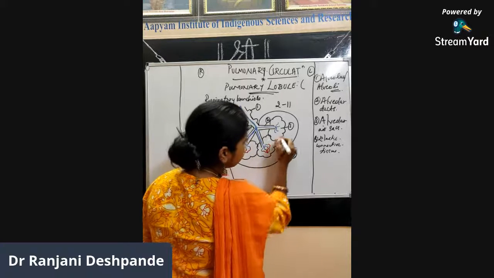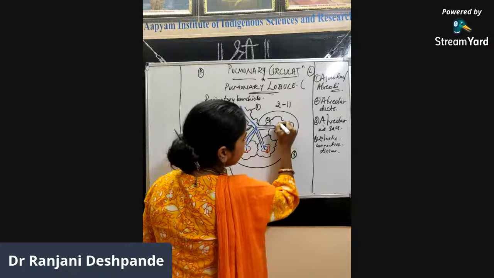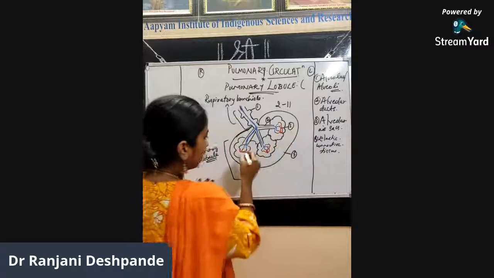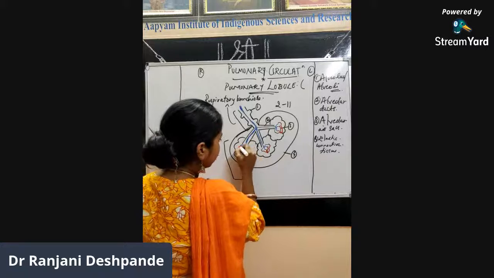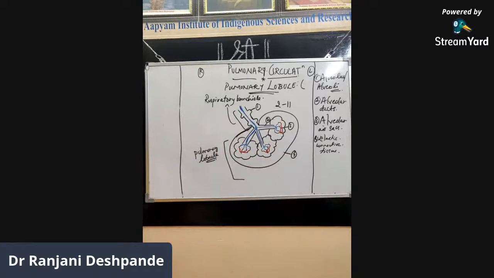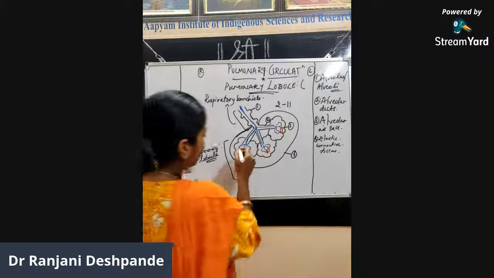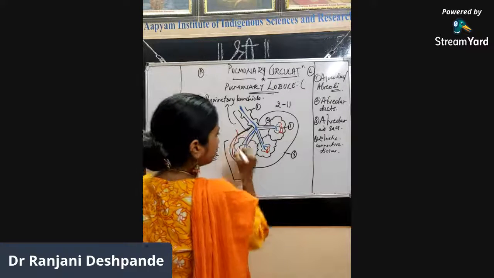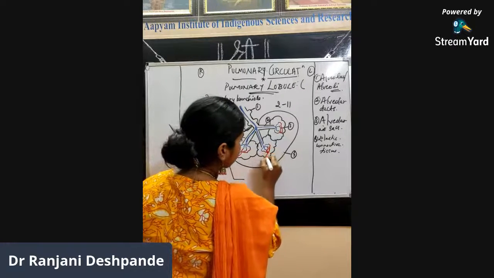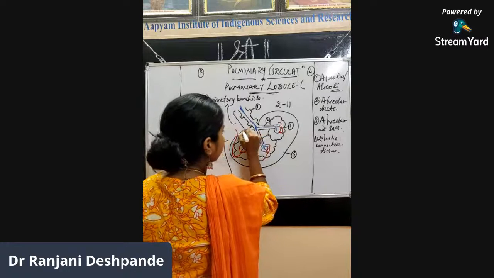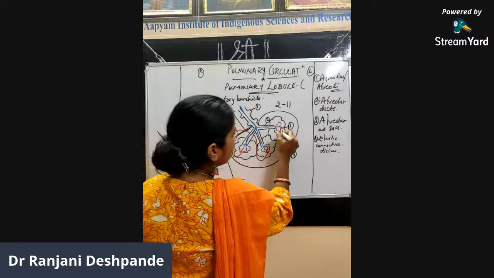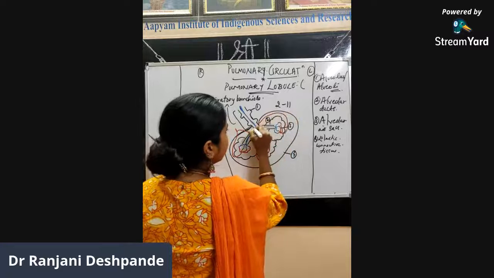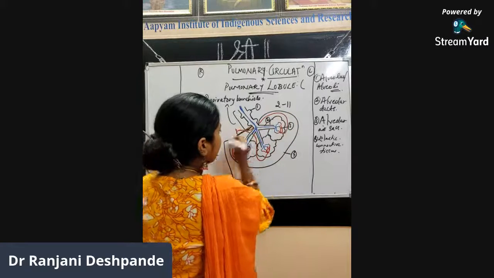From the capillary exchange, gaseous exchange happens, from which the pulmonary venule will come out.